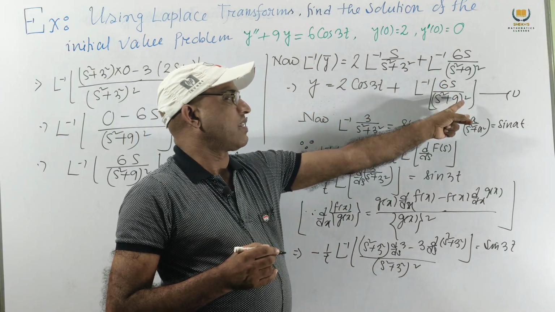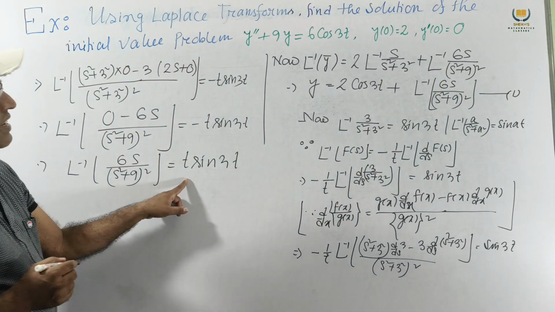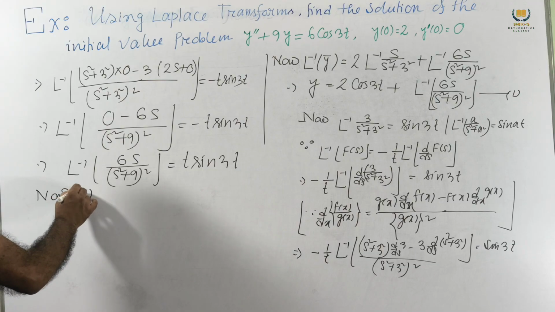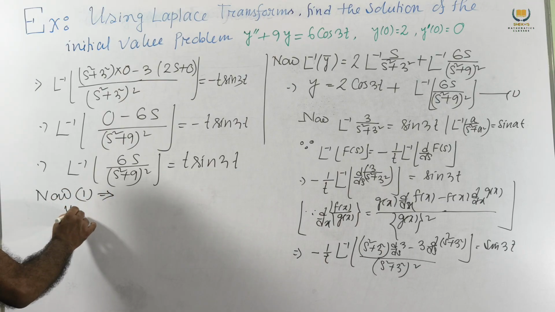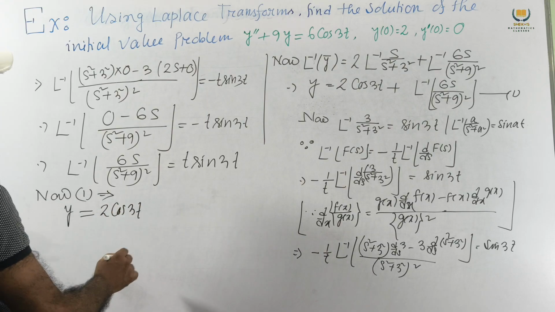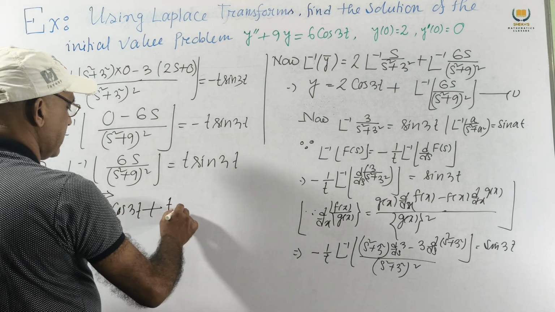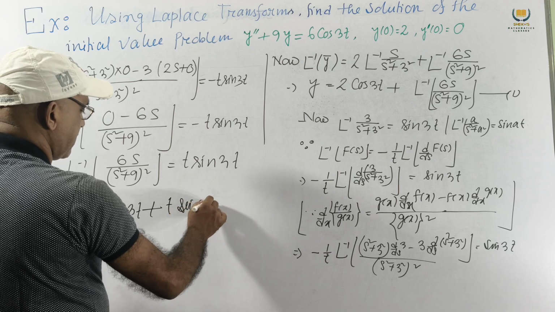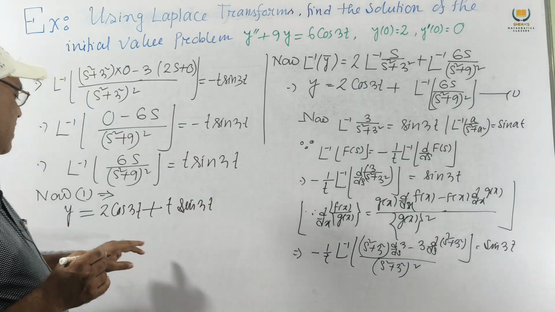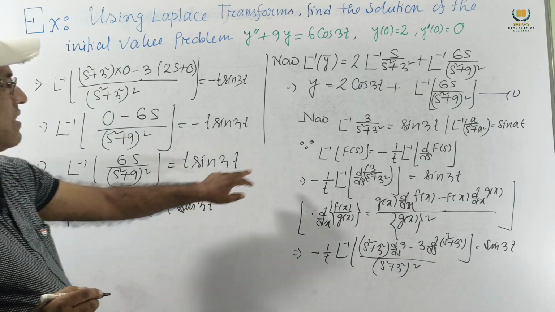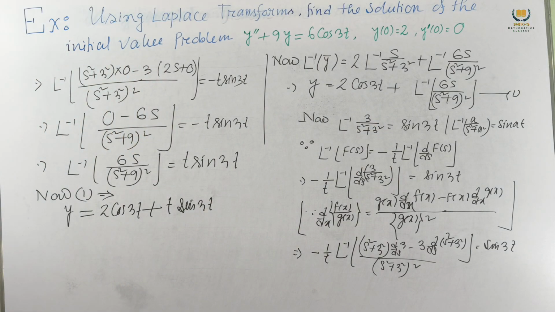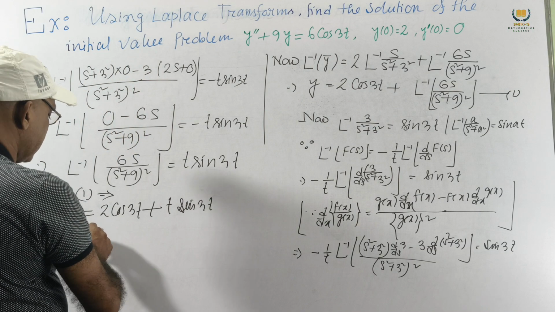So y equals 2 cos 3t plus t sine 3t. So this is our answer.